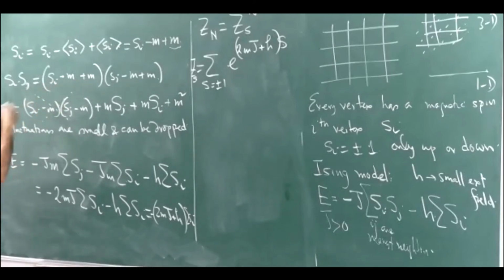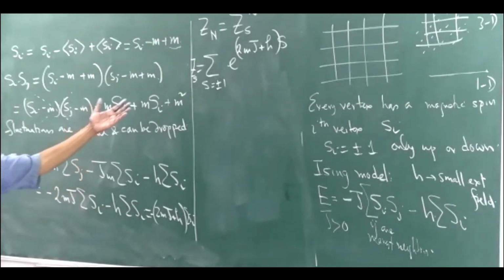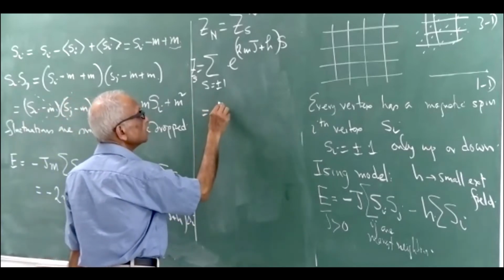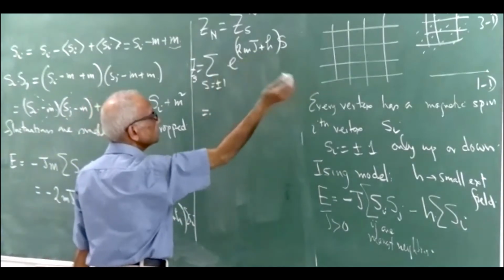This is the fluctuation at the site I, this is the fluctuation at the site J, and the fluctuation squared term has been dropped. So the energy expression has become this trivial quantity, which immediately tells you that the answer is this plus that.